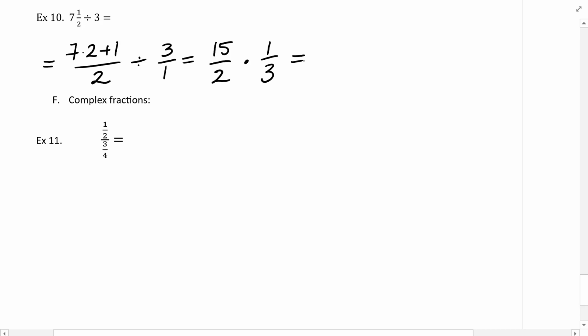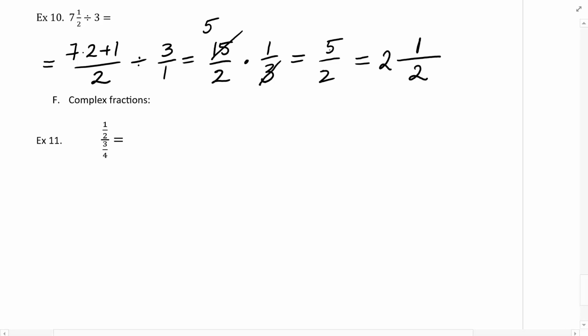Well, we multiply across, or we can say 15 divided by 3 is 5. 5 times 1, it's 5 over 2. But because the problem started with mixed numbers, let's do that. 2 goes into 5 two times, and 1 is left, right? Because 2 times 2 is 4, 5 minus 4 is 1.